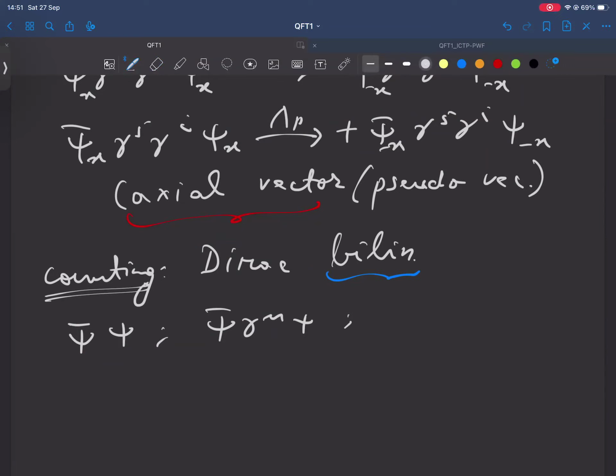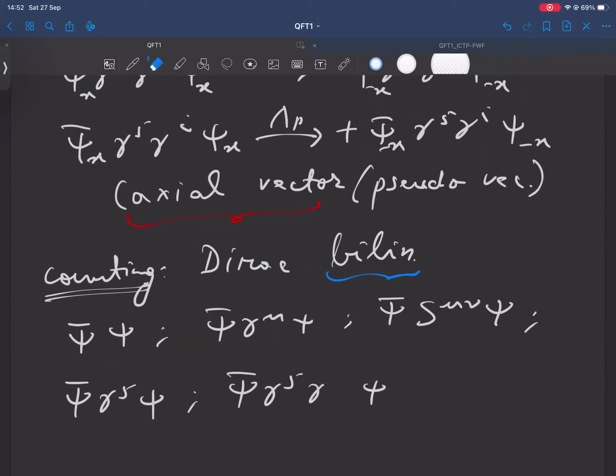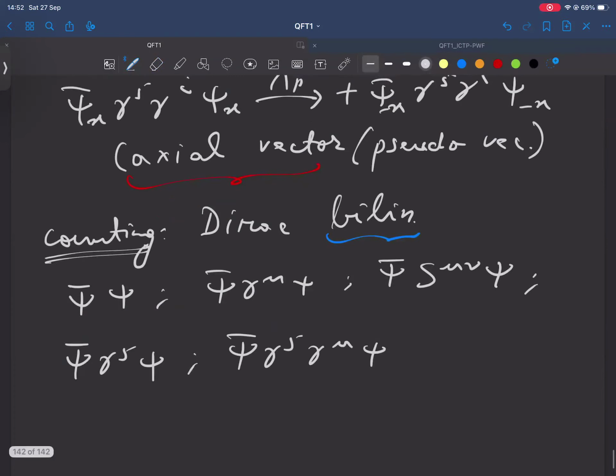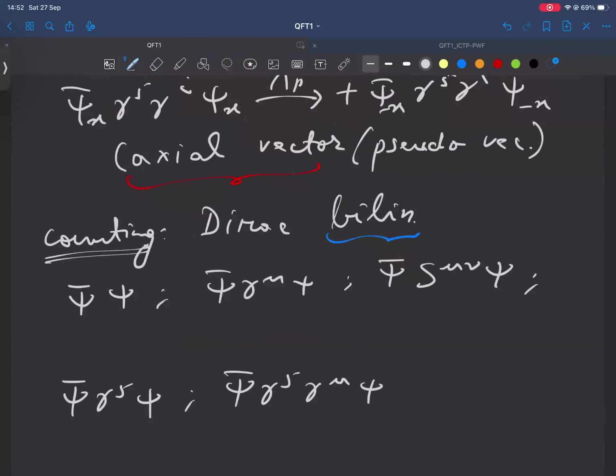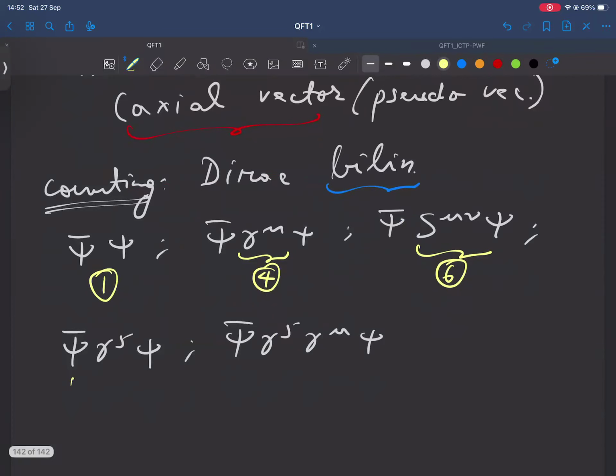So we had these two, we had this guy, then we introduced gamma 5, and finally we also had this. Now let us count how many there are. This is just one. This is four, because the index runs over 4. This is antisymmetric, and as you know, in 4 dimensions it's 6. This is 1 and this is 4.